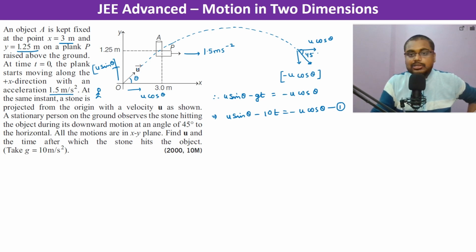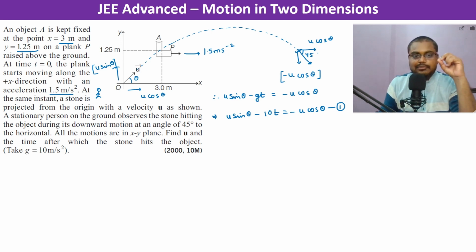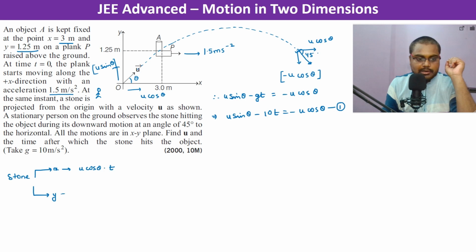Now it is going to hit here, so the x and y coordinates of both the stone and the object A on the plank should be the same. So for the stone, in x direction it goes u cos theta into t, and in y direction it goes u sin theta into t minus half gt square.